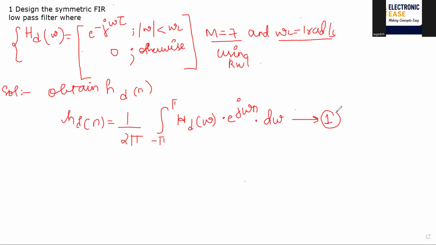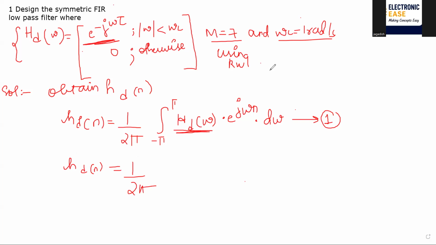In the problem, they have given you HD of omega as e to the power of minus j omega tau. So we need to substitute in this equation. So what will we be getting? HD of n will be 1 divided by 2 pi.